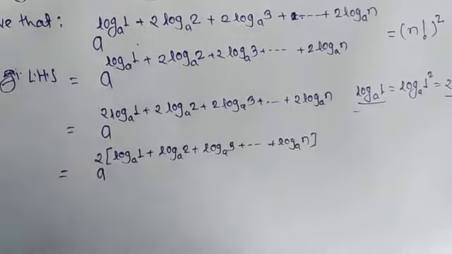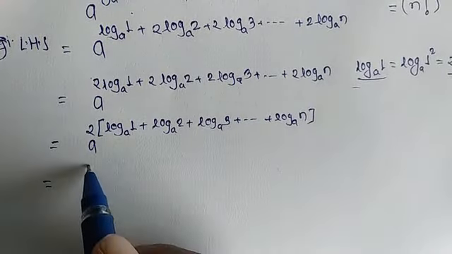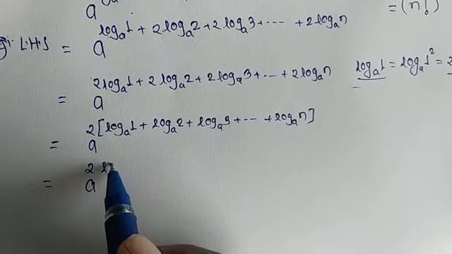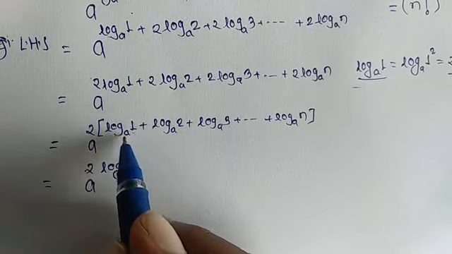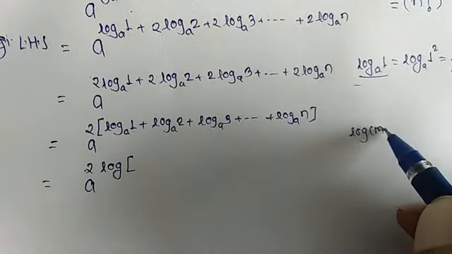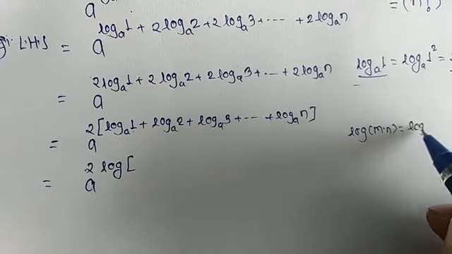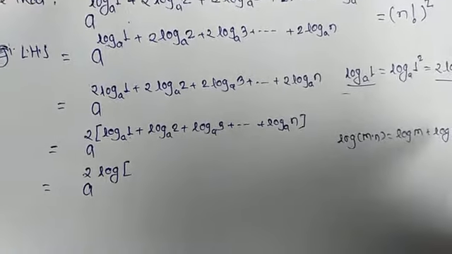Okay, now here it can be written as a raised to 2 into log of 1 to the base a plus... we know the rule log of m into n is equal to log of m plus log n.